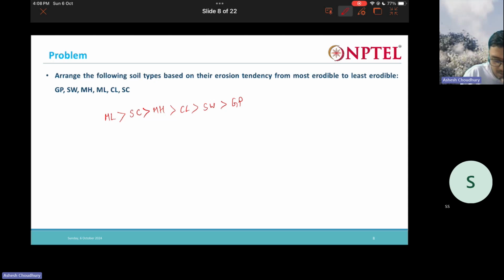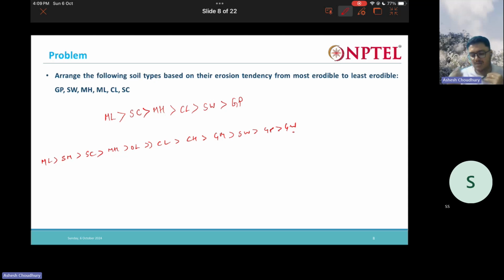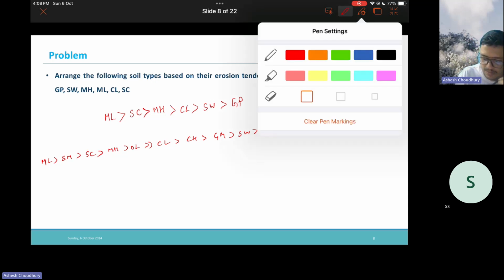So the complete chart looks something like this. Okay, this is how it looks like.